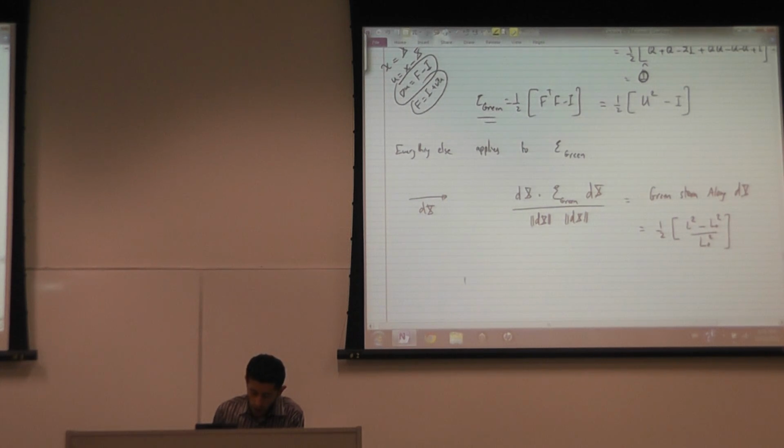the green strain is equal to half the new length, which is small dx dot small dx, minus the original length, which is capital dX dot capital dX, divided by L naught squared, which is norm dX norm dX.